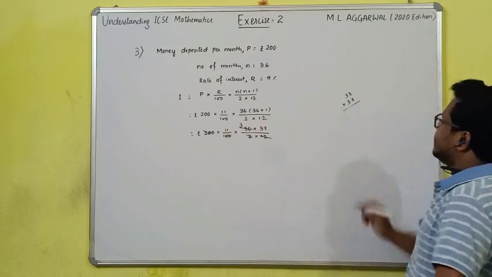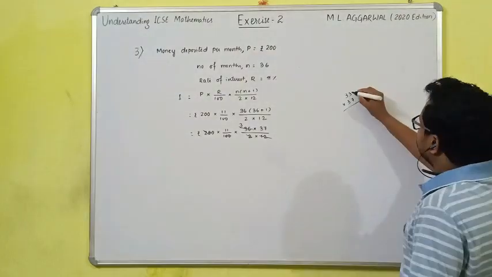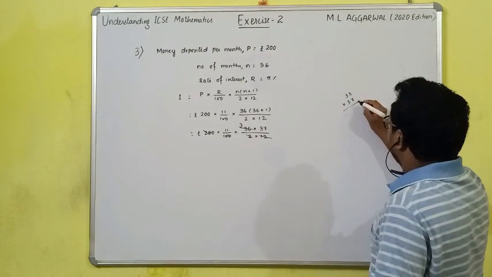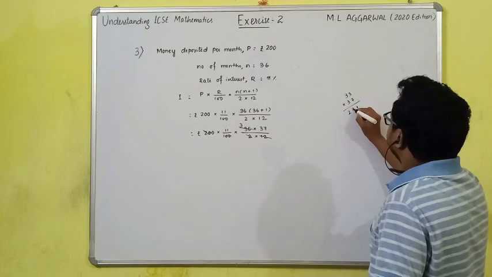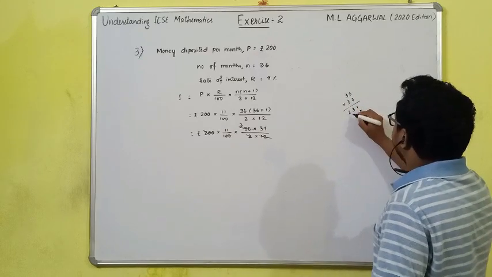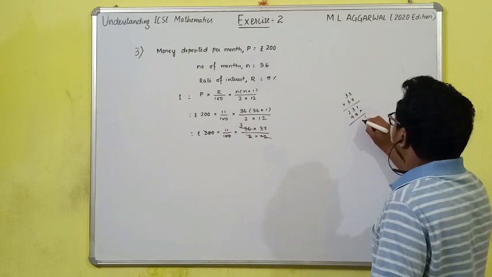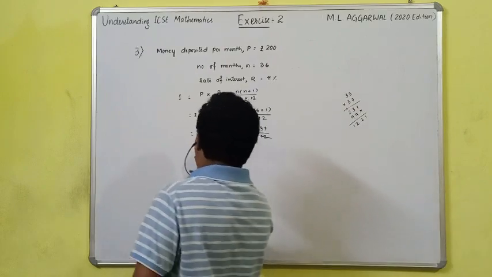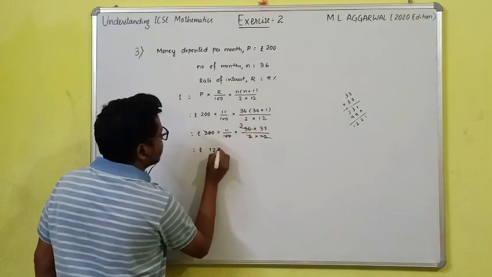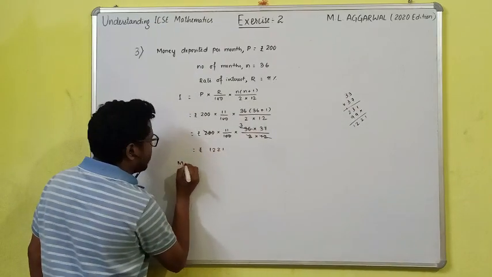Let me multiply. 33 into 37. So here 33, 7 yeah, it will be 1, 2, 23, 2, 31. Then here it will be 99. So 1, 2, 2, 1. So what will be the maturity value?